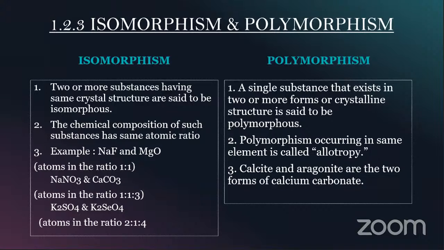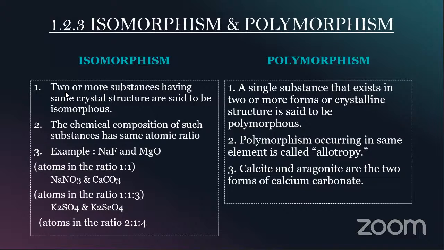We have diamond, fullerene, and graphite. All three of these allotropes are made up of only carbon, but when you look at them, do you recognize that they are made up of carbon only? No, their appearances are completely different from one another. That phenomenon is said to be polymorphism. When a single substance exists in two or more forms or crystalline structures, it is said to be polymorphous.